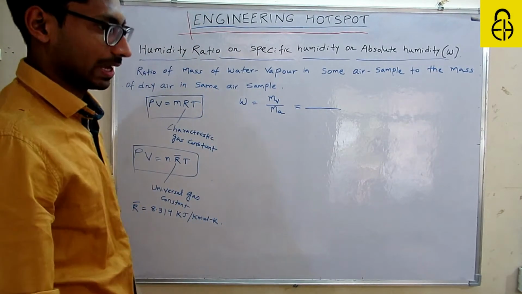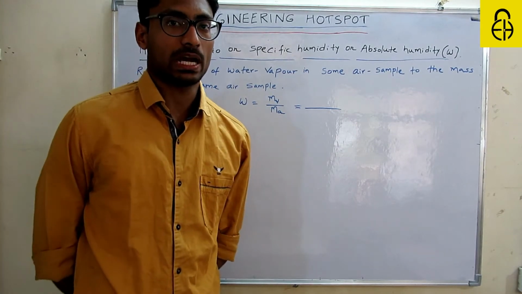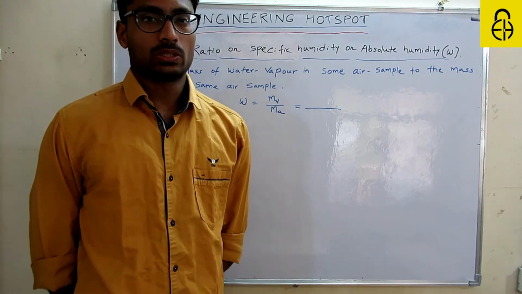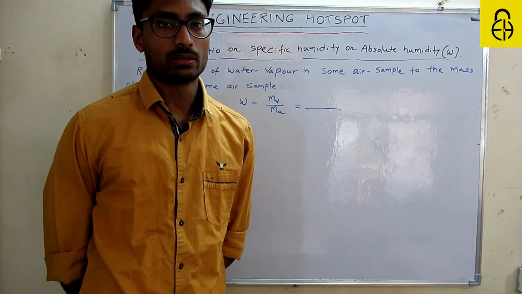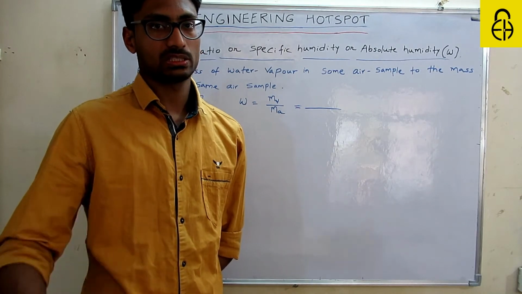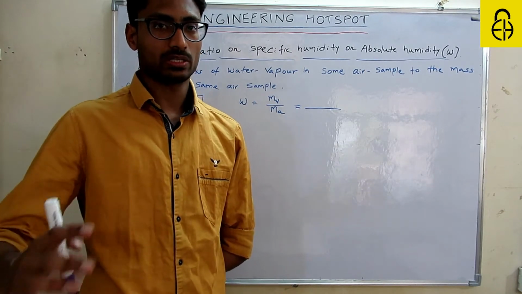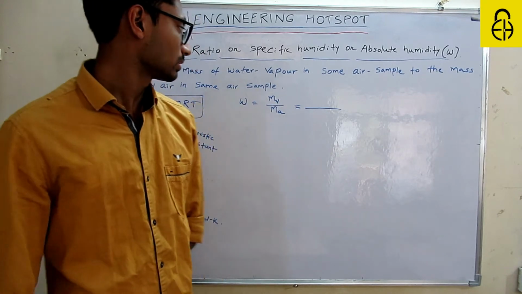I've told you about the air part, but what about the vapor part? How can you treat vapor as an ideal gas? According to the theory and experiments that scientists have performed, they came to know that when the pressure is less than 3 atm, you can treat vapor also as an ideal gas.